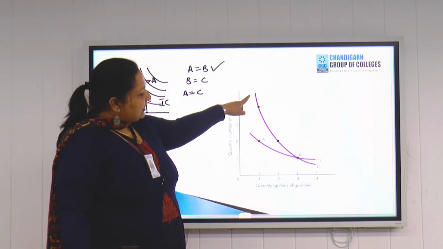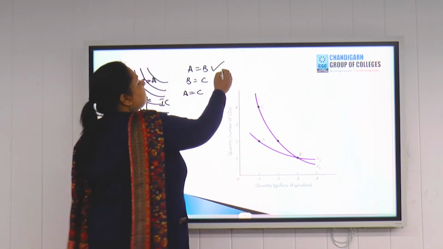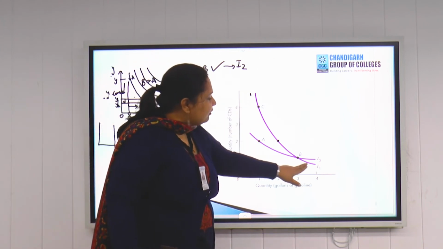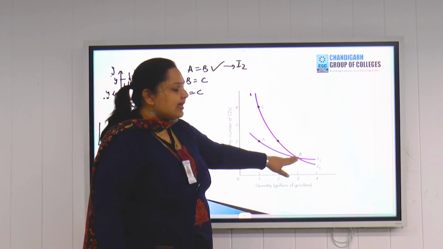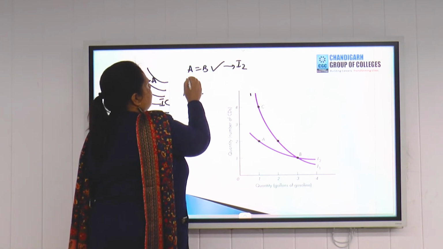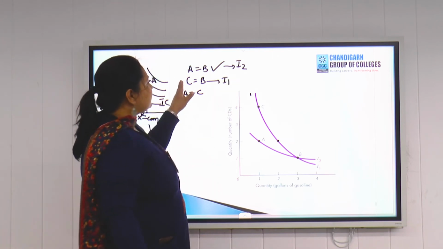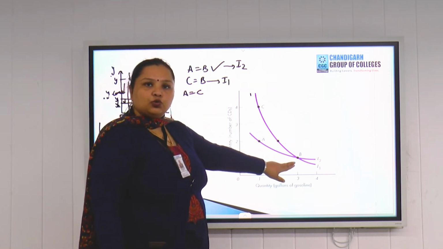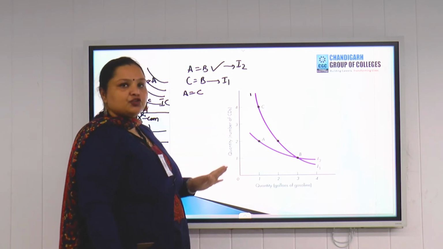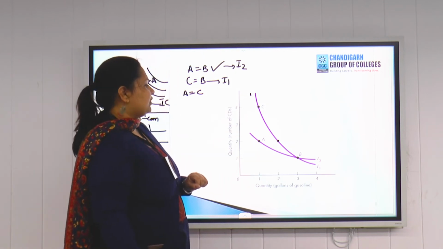Now these are lying on IC2. On the other curve, we again have 2 points, C and B. It means satisfaction from C is equal to B, according to the definition of an indifference curve: same curve, same level of satisfaction.